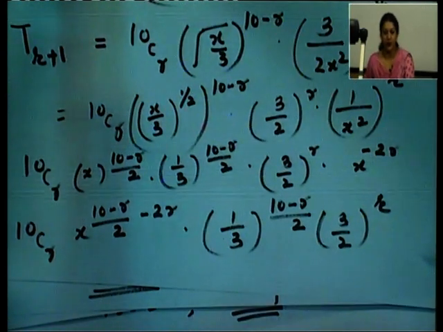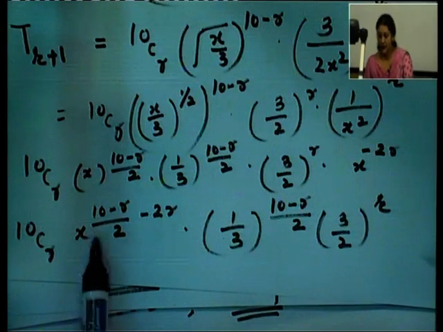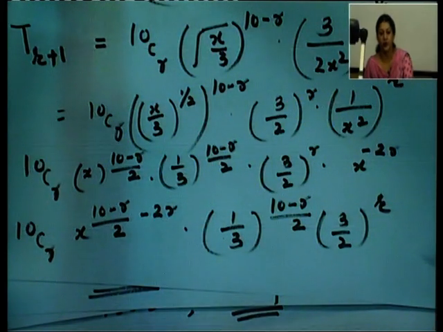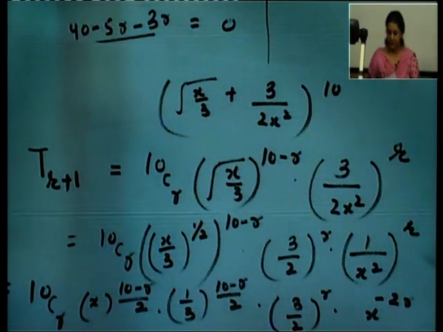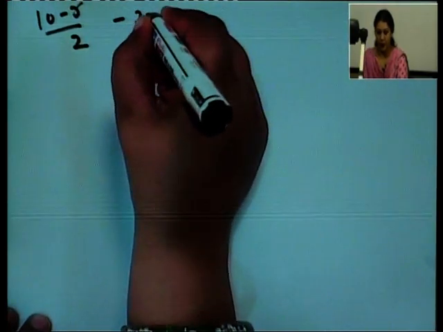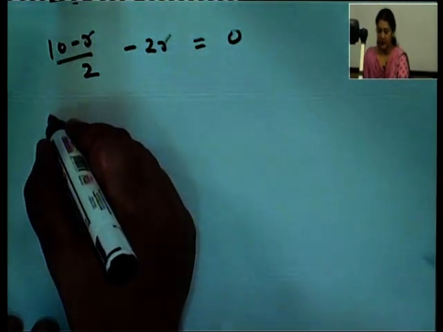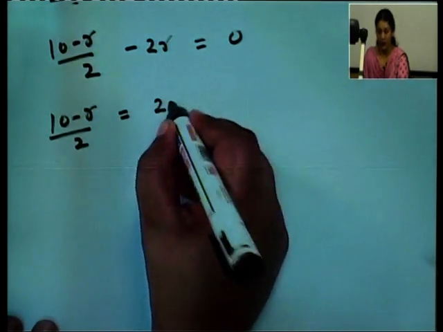So what will I do? I will put the power (10 minus r) upon 2 minus 2r to be equal to 0. So by putting this equal to 0, what will I get? (10 minus r) upon 2 is equal to 2r.